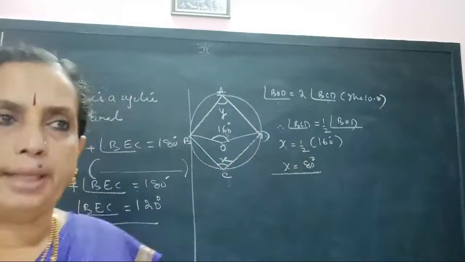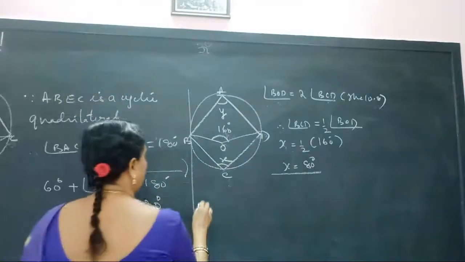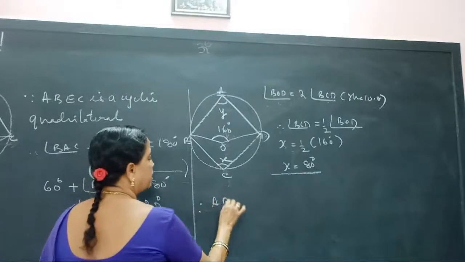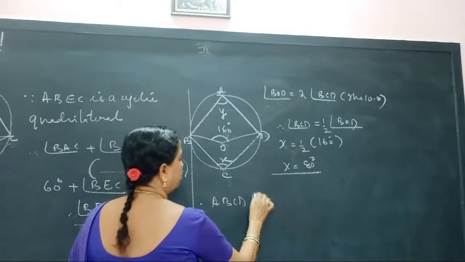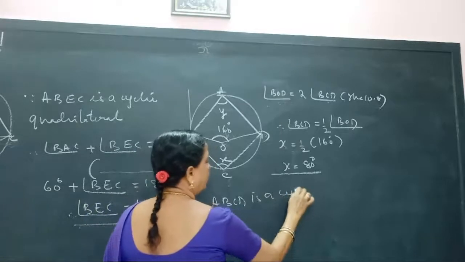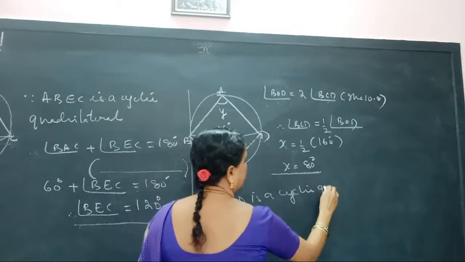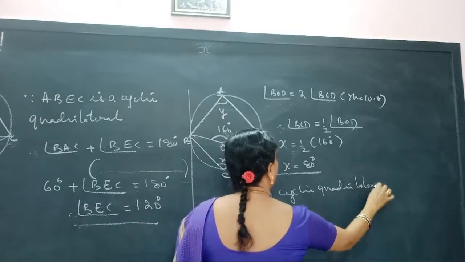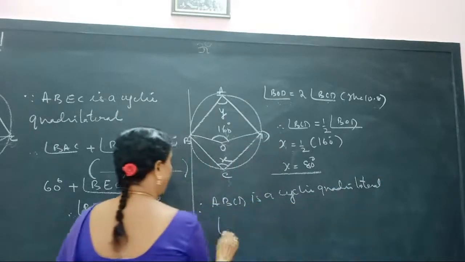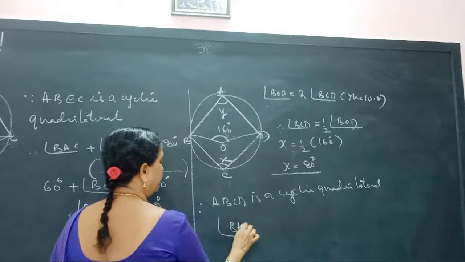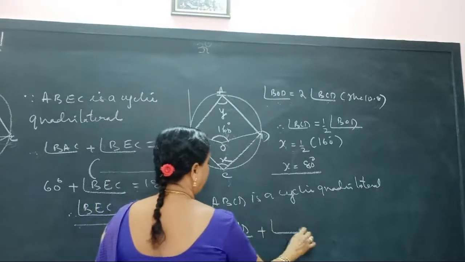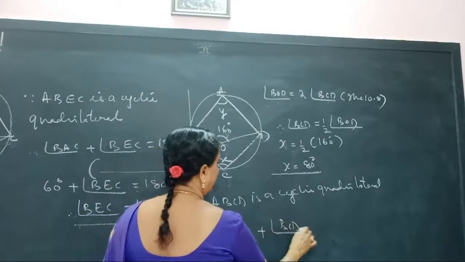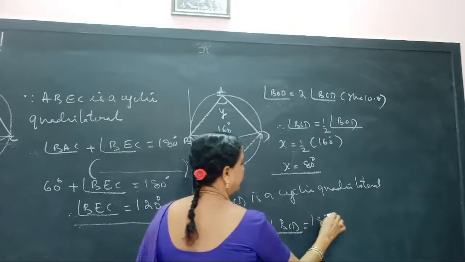Okay, next. Since ABCD is a cyclic quadrilateral, angle BAD plus angle BCD equals 180 degrees.